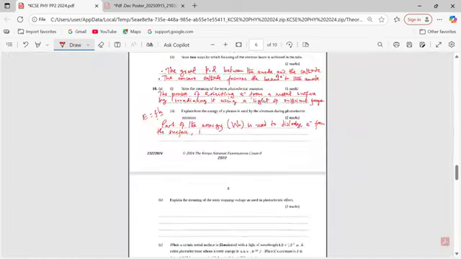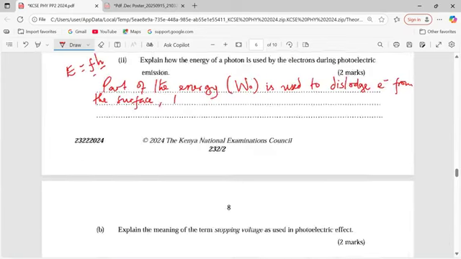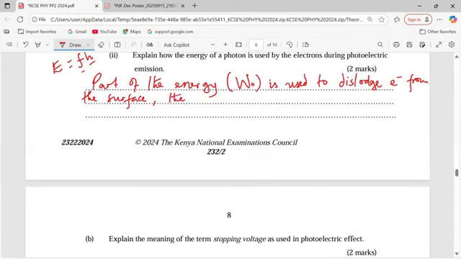Then the remaining energy is used by the electrons as the kinetic energy with which they flow.